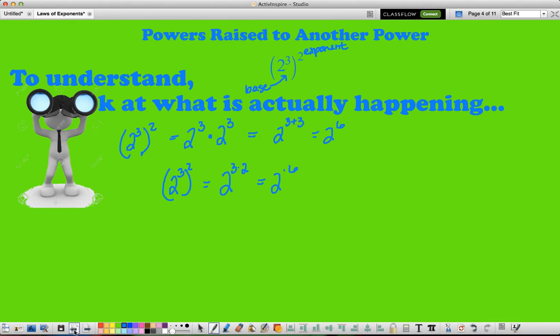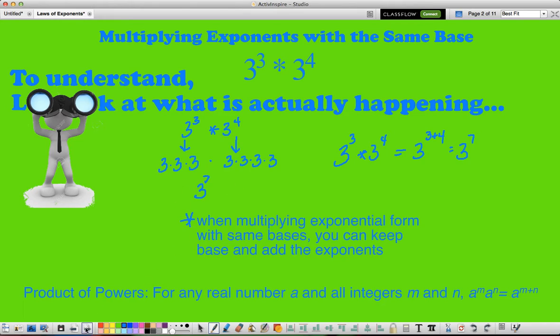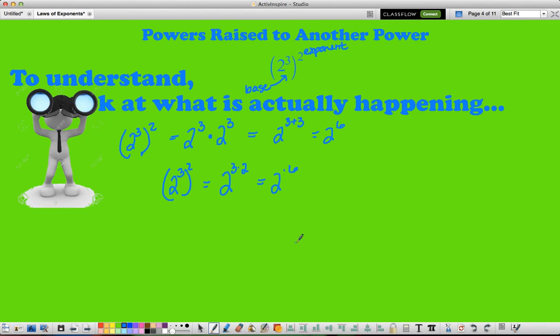But as long as you understand why and can show me the examples and reasoning behind it, we're doing fine. So again, the law for this one, for a power of a power, for any real number a and integers m and n, a to the m to the n is equal to a to the m times n.